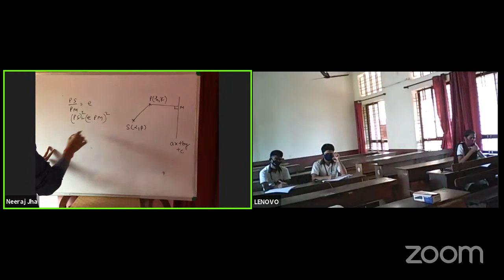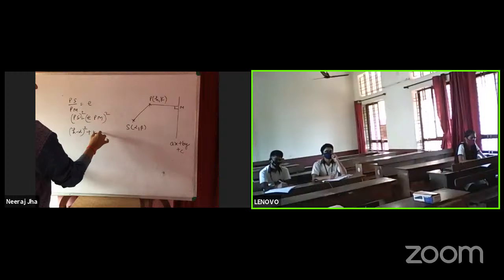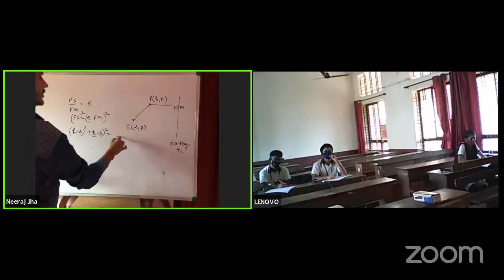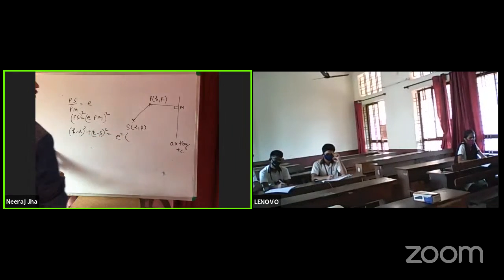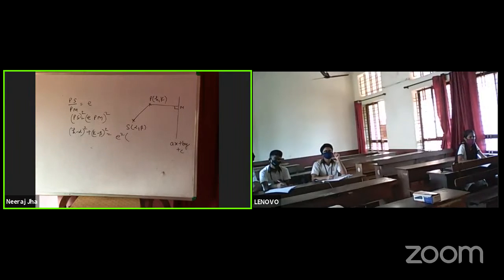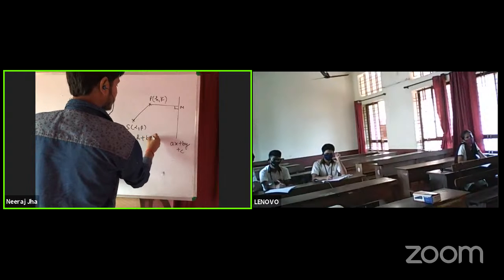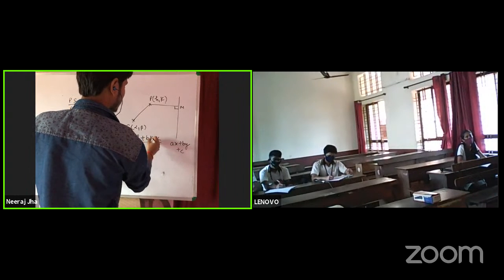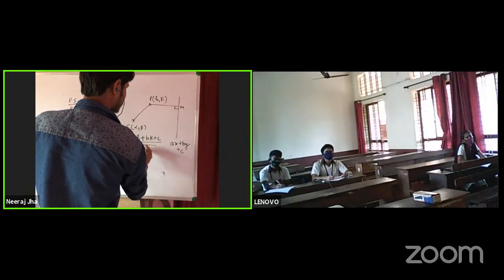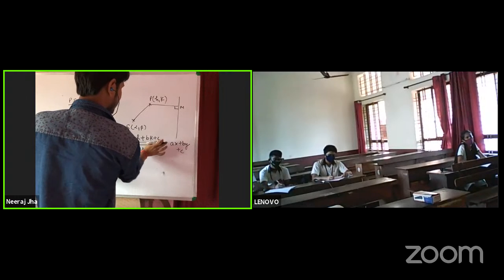I'll get PS squared, which is (h - alpha) whole squared plus (k - beta) whole squared, equal to e squared into PM squared, where PM is (ah + bk + c) upon root over (a squared + b squared).